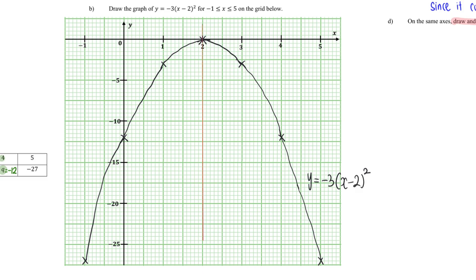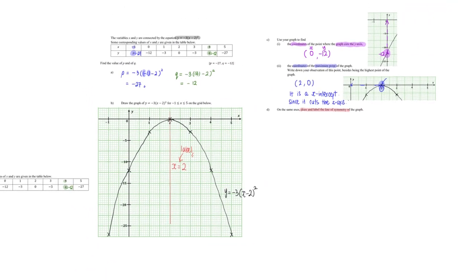After you draw, please label the graph, and the name of this line, which is the equation, is x equals 2. So this is important. Must label. And with that, we have come to the end of this particular question.